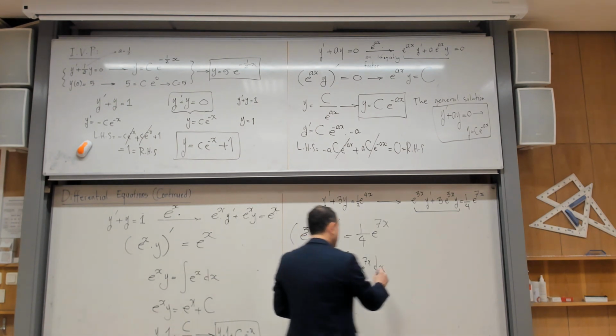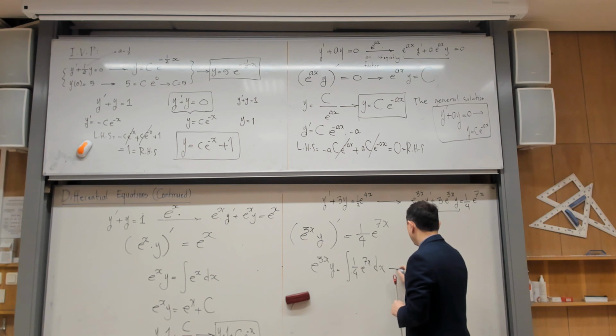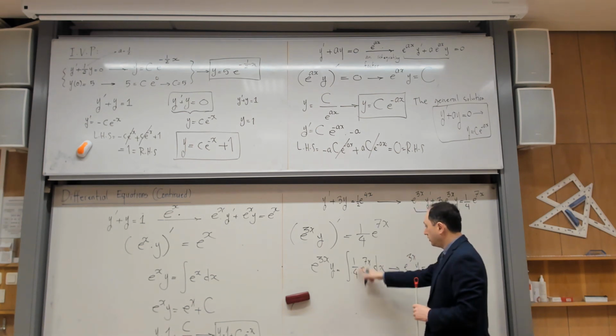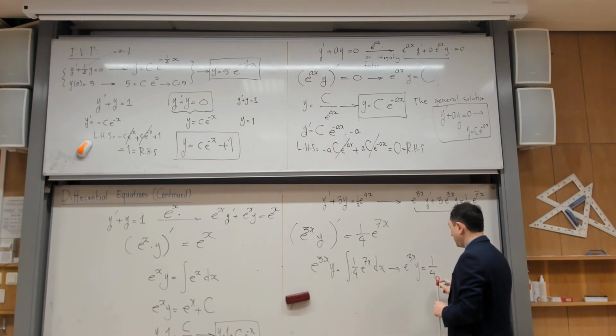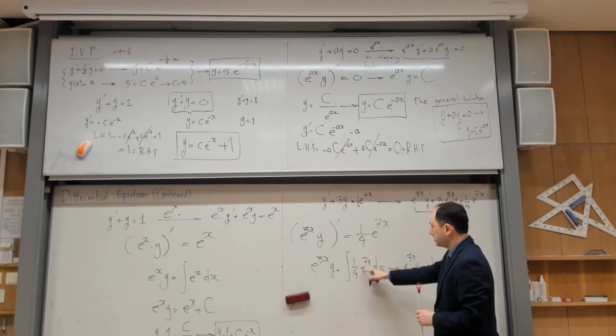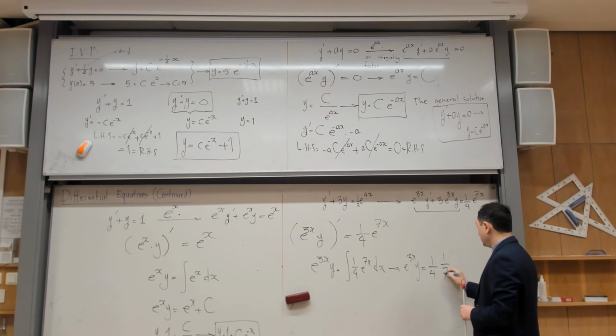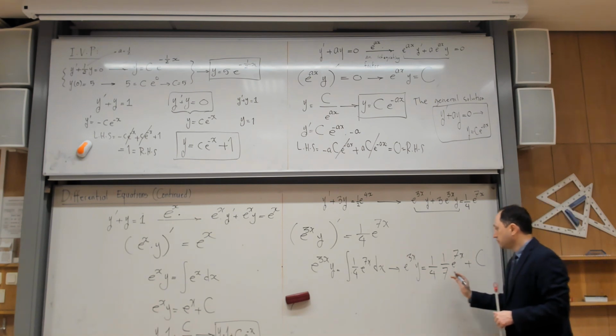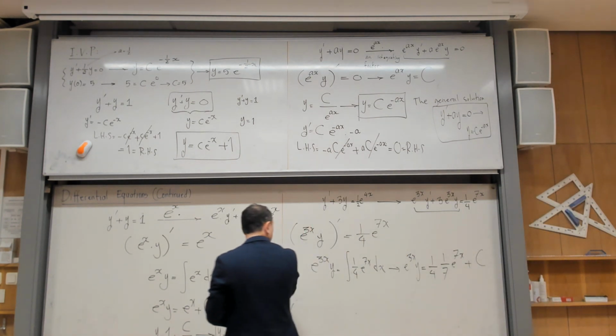So this means that e to the power of 3x y is equal to 1 over 4, which is a constant, times a primitive function for this, which I hope you remember is 1 over 7 e to the power of 7x, plus a constant. And then this becomes 1 over 28.